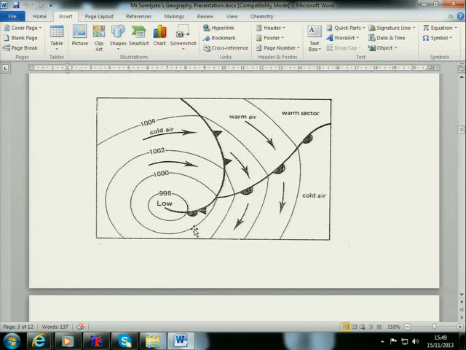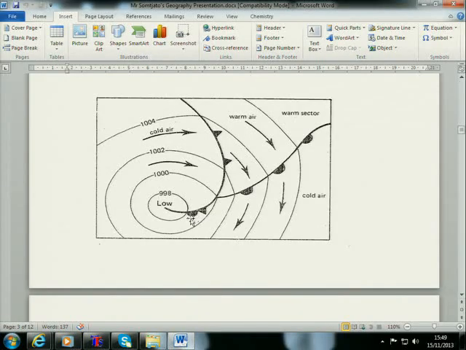Occlusion is when the cold front catches and overtakes the warm front, causing the warm air to be isolated above the ground. So from the process of occlusion, we have the occluded front. The occluded front has the sign of the warm front and a sign of the cold front.